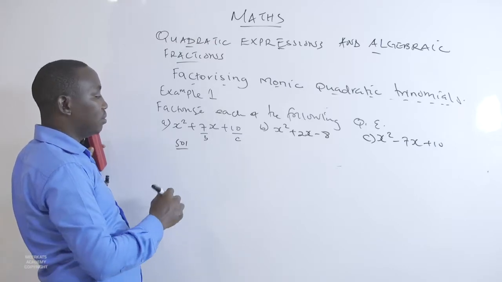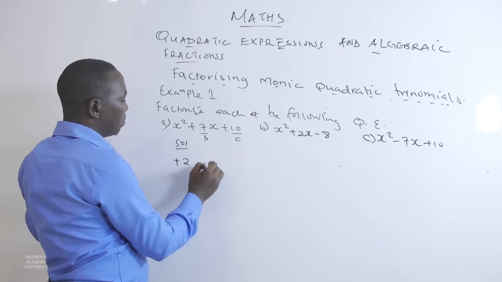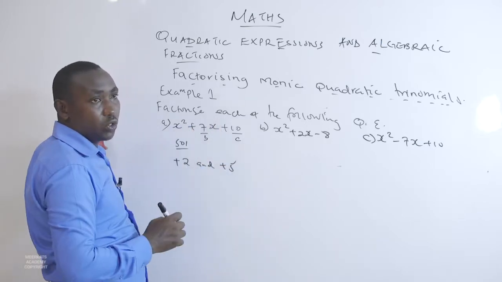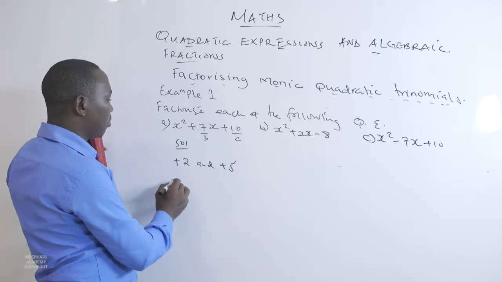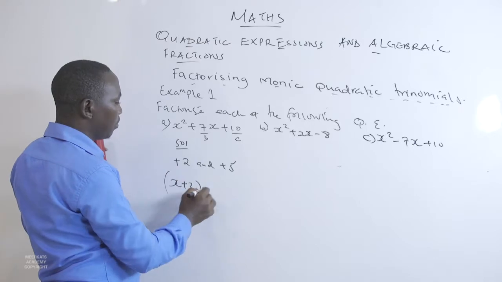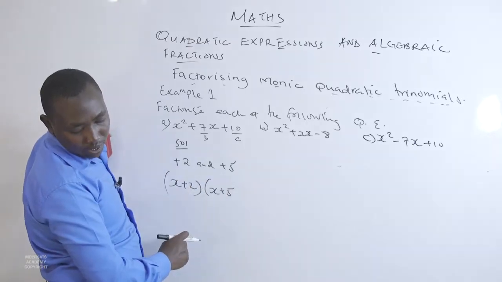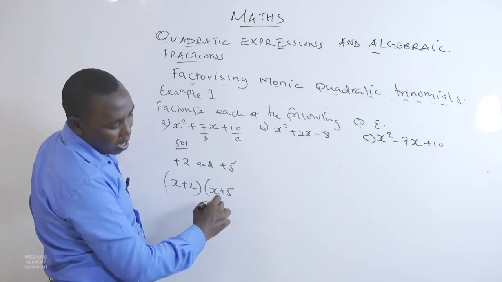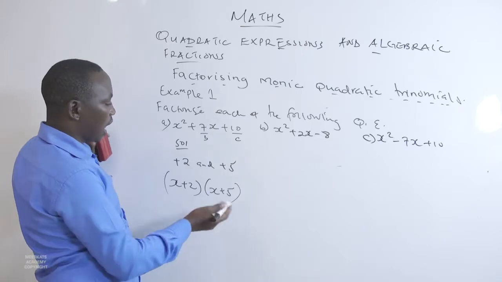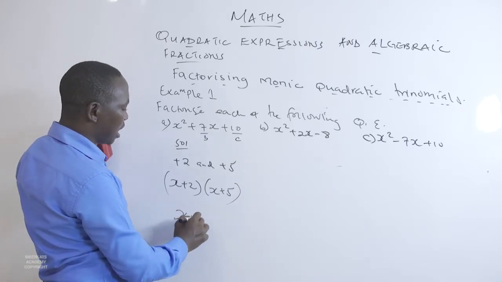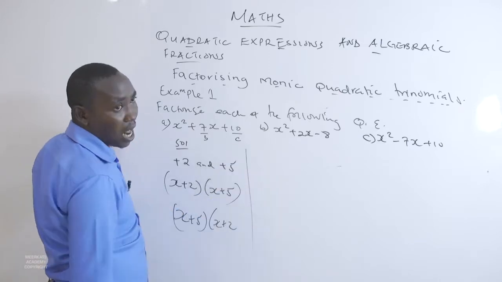So those are the two numbers. We now rewrite them in brackets, and this is going to be x plus 2, x plus 5. These two can also be rearranged so that you have x plus 5 into x plus 2.